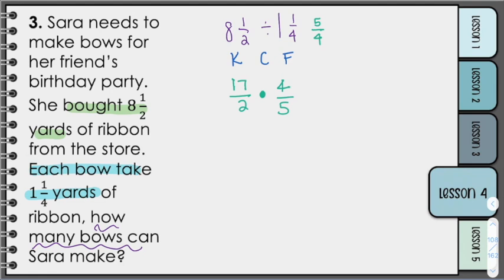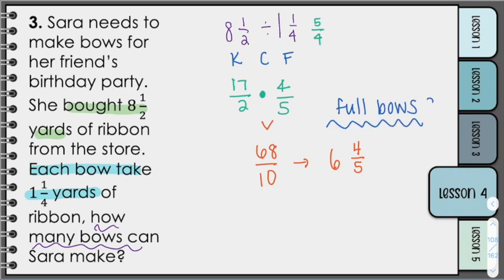When you simplify and you multiply, you're going to get 68/10. And that's going to give you 6 4/5. But you want to know how many bows, and that's full bows. So technically you can't have the 4/5. It's not quite a full bow. So 6 bows Sarah can make.